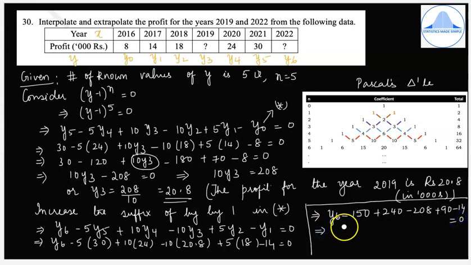So simplifying, you will get y6 minus 42 is equal to 0, or y6 is equal to 42. So the profit for 2022 is rupees 42 in thousands.